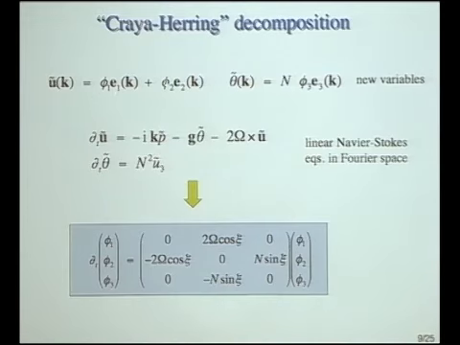One of the nice things about Craya-Herring decomposition is that if we have linearized the Navier-Stokes equation in Fourier space and substitute the decomposition u, k, and theta into these, the equation can be decomposed into phi1, phi2, phi3, like this linear matrix equation.